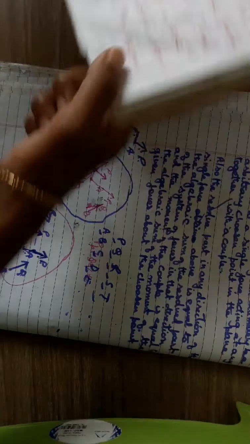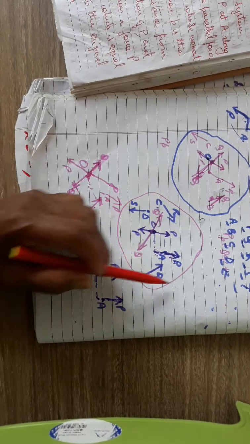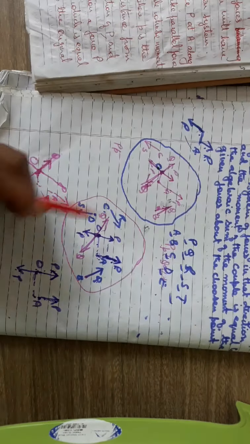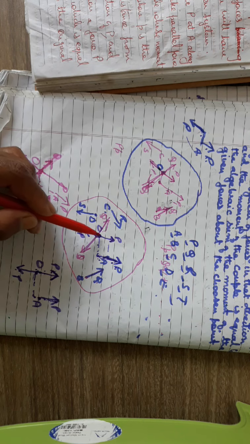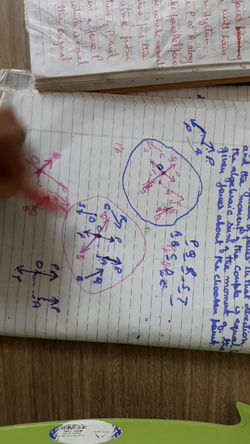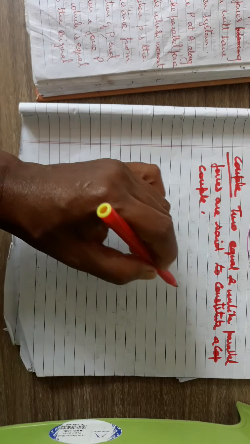As you can see in this figure, this is a rigid body. You have P, Q, R, S, T as forces acting on the rigid body, and take O to be any arbitrary point on this plane. Let me draw another figure here.